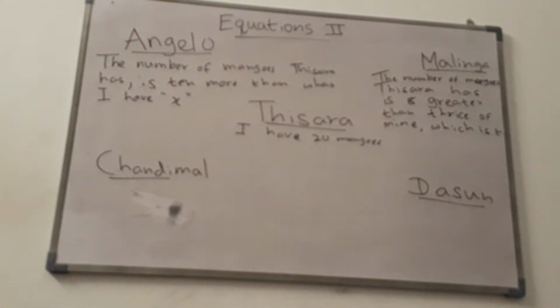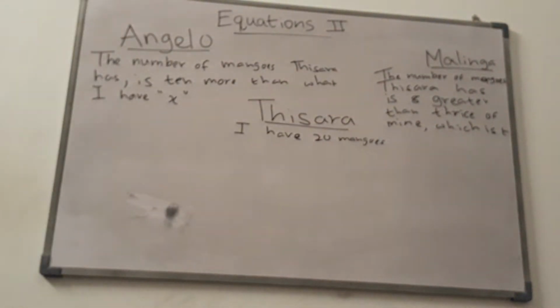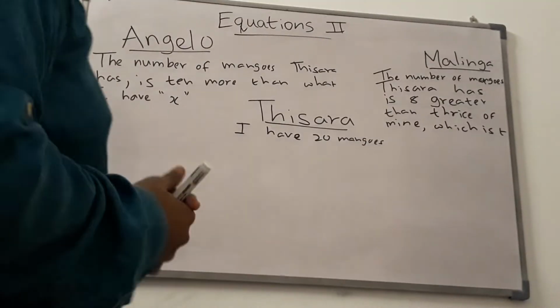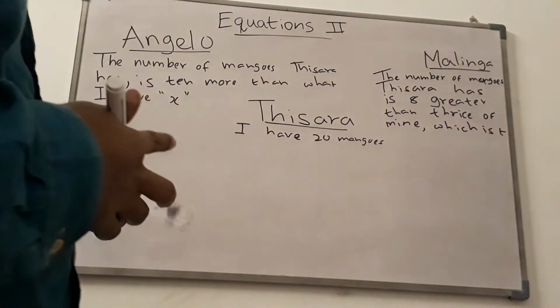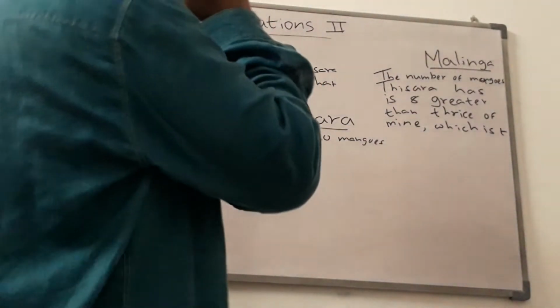Now there are some more stories regarding Chandimal and Dasun as well. But before that, let me take two relationships under these three statements. First, Tissara says he has 20 mangoes.